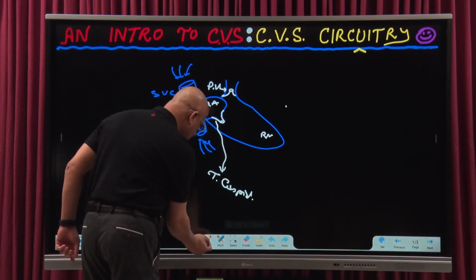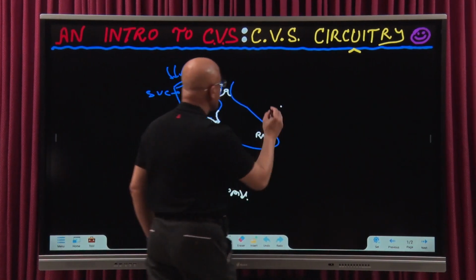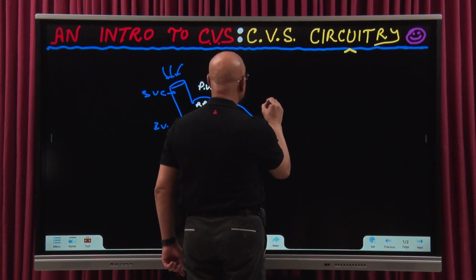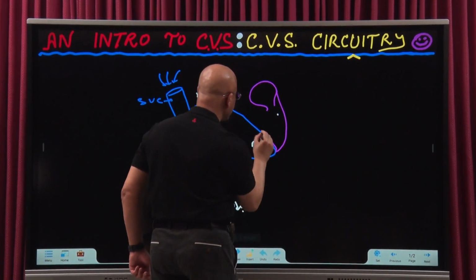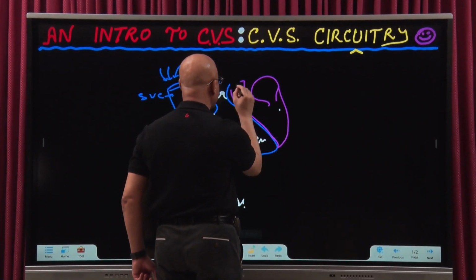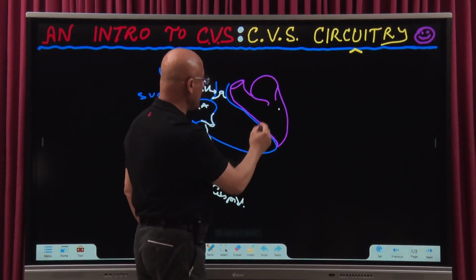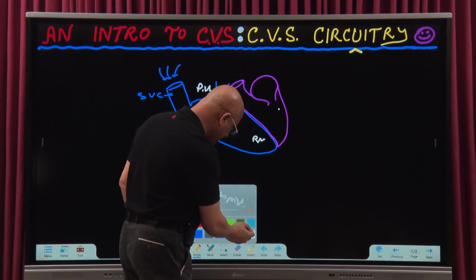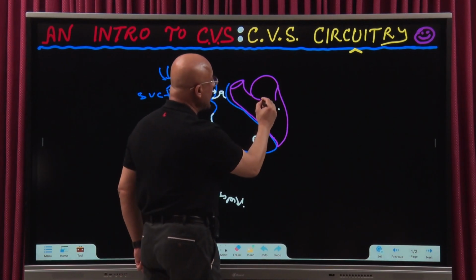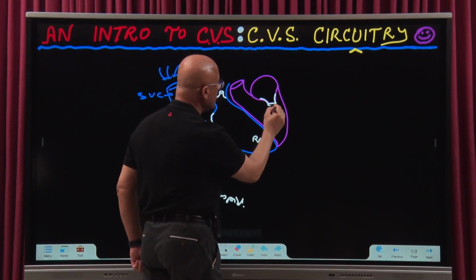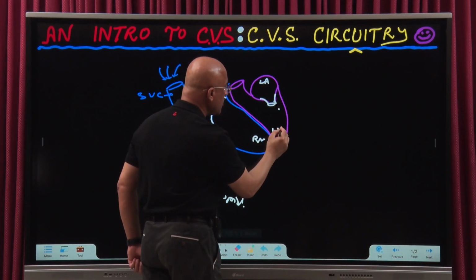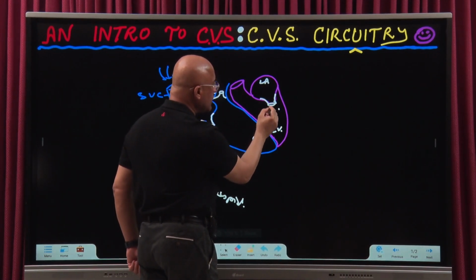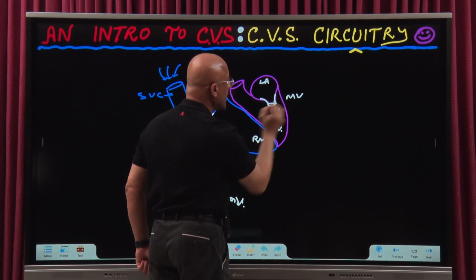Let me draw the left side of the heart. For the left side of the heart, this is the left atrium, this is the left ventricle, and this is the outflow of the left ventricle, which is basically the aorta. Now, if we make the valves, the valve between the left atrium and the left ventricle is the mitral valve.